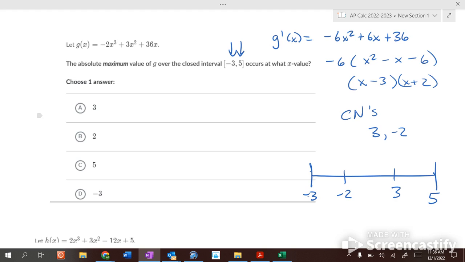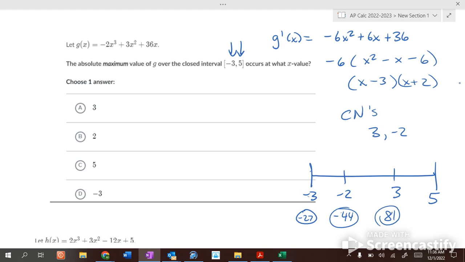You have to stick them into the original to figure out what is the highest number. So if you stick negative 3 in here, you get negative 27. If you stick negative 2 in there, you stick positive 3 in there, you get 81.